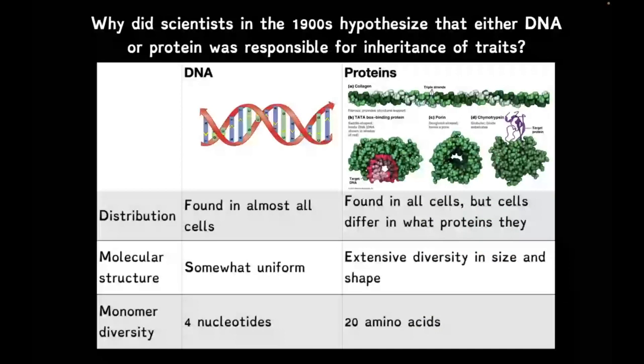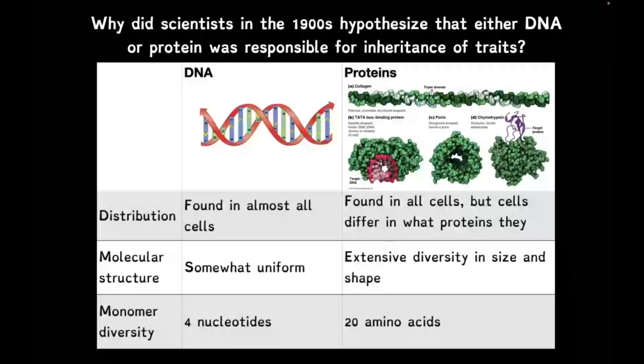There are only 4 varieties of nucleotide in DNA, whereas in proteins you have at least 20 different varieties of amino acids. And so there was a very strong coalition of scientists who thought that proteins had to be the heritable molecule, passing on genetic information from one generation to the next.